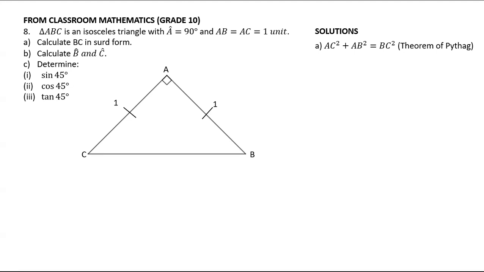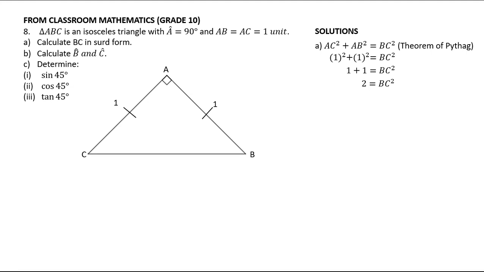So in this case, we have AB squared plus AC squared, which will give us BC squared. AC is 1 unit and AB is also 1 unit. And 1 squared plus 1 squared will simply give you 1 plus 1, and that will be 2. Now, to get rid of the exponent 2 that we have on BC, we will have to apply the inverse of exponents, which is the inverse of 2, the square root.